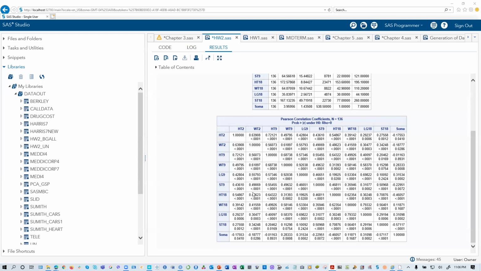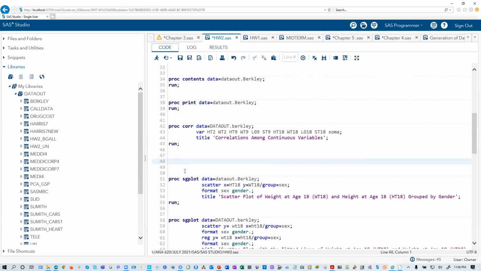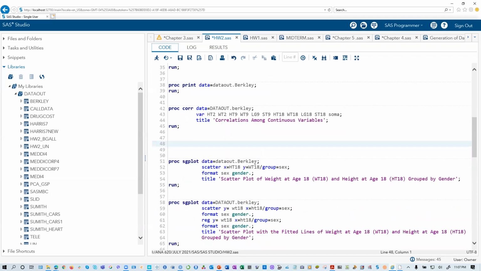WT, I'm looking at the wrong place. Okay, this one. This one is 62, this one is 79. Why we pick weight 18, HT18 to weight 18. It's the weight 18, this is a height 18.